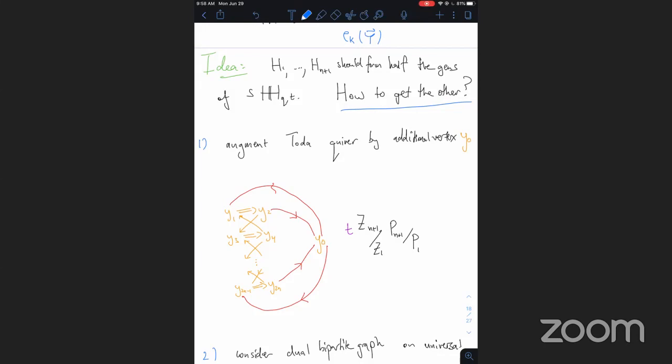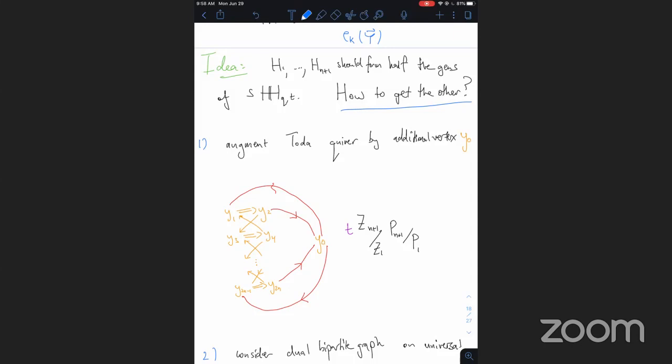What difference operator does this new variable y_0 correspond to? Now this involves the auxiliary parameter t for the DAHA: namely, y_0 acts by t times z_{n+1} over z_1 times p_{n+1} over p_1.